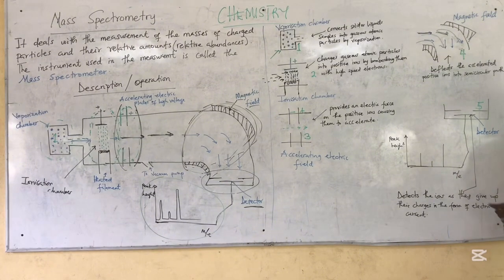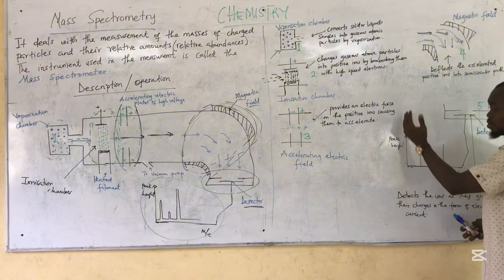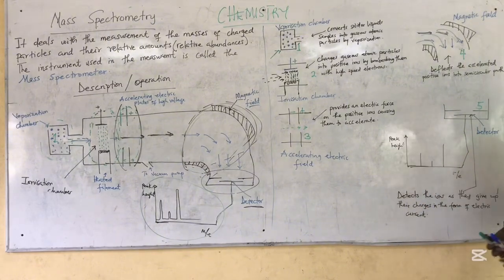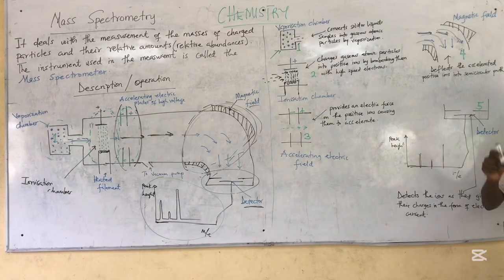On the mass spectrum, we can read the mass of the positive ions on the x-axis directly. We can also know the relative abundance of the ion directly on the y-axis. On the mass spectrum also, we have what we call peaks.